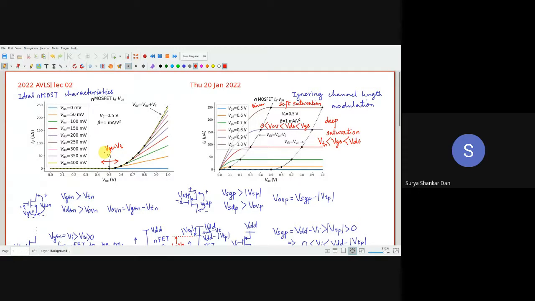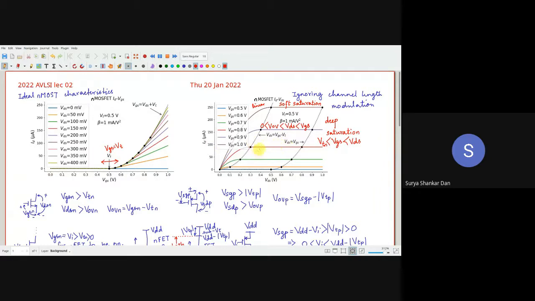The current will be so low, VGS equal to 0 means current will be very, very low. That will be the off current. Nowadays very often people are actually using analog IC designs in the subthreshold region. We will look into subthreshold designs in this course.